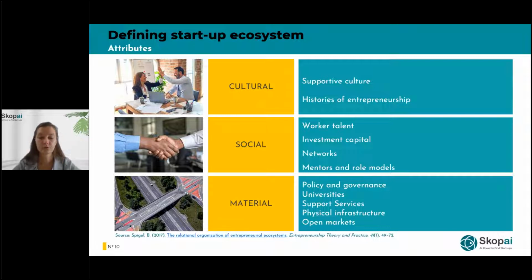The social attributes include human capital, such as worker talent, financial capital, investments, social capital, different networks, and mentors. And finally, the material attributes include policy and governance, universities and laboratories, different support services, physical infrastructure, and open markets.